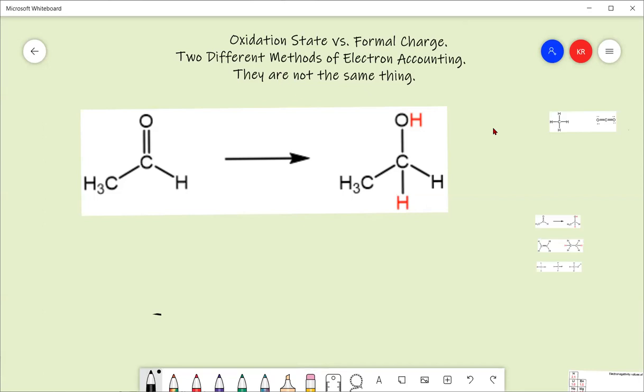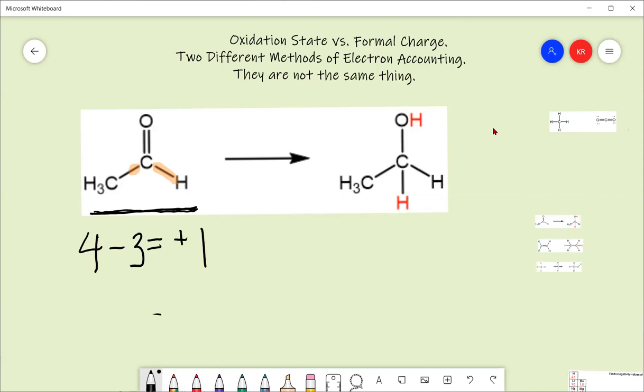So if I look at this molecule right here, which is acetaldehyde, I'm going to assign these electrons from the hydrogen, and I'm going to assign one electron from that bonding pair. So now my oxidation state here is going to be 4, starting with the group number, minus 3 is equal to plus 1.